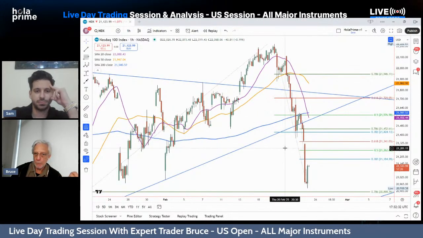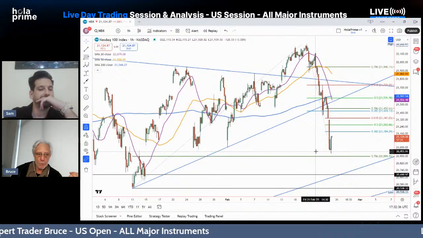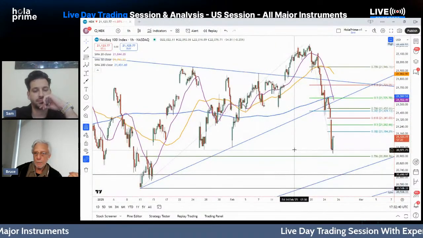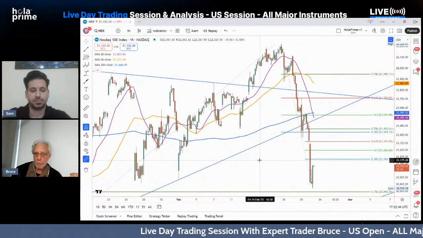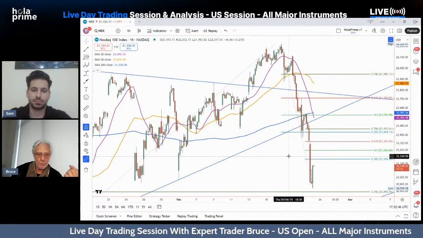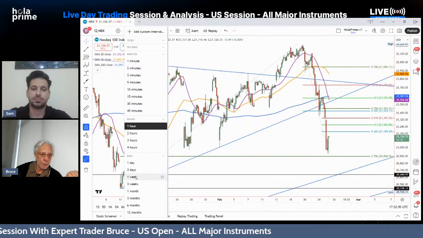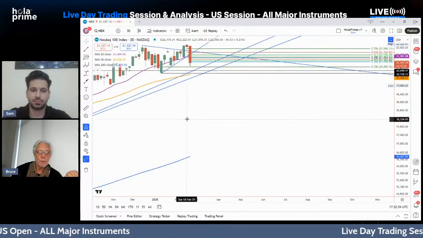This is on a 1 hour chart, so I'm not going to worry too much about that if we're looking for a long. So I think the direction would probably be a better long than a short at this point, unless you're going to trade very short term intraday for the decline.